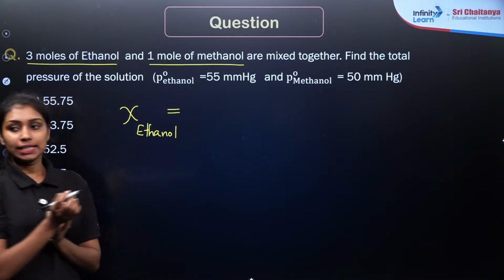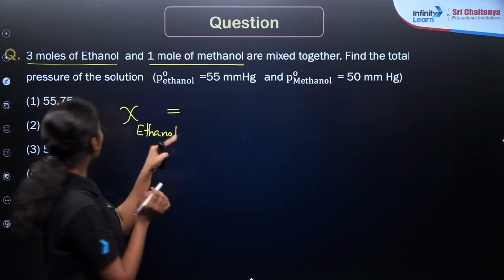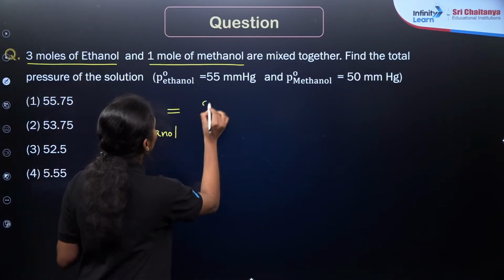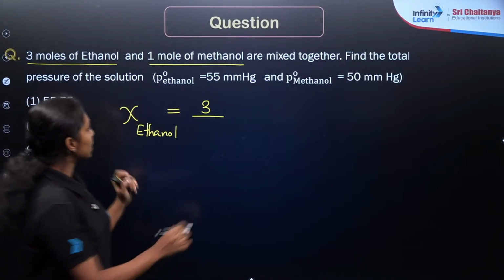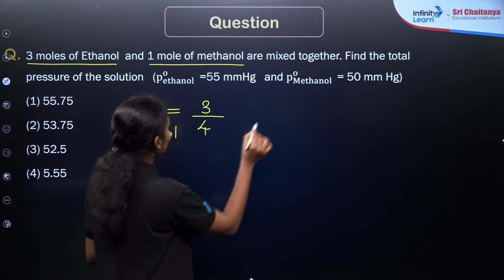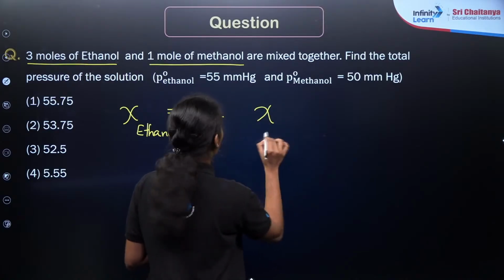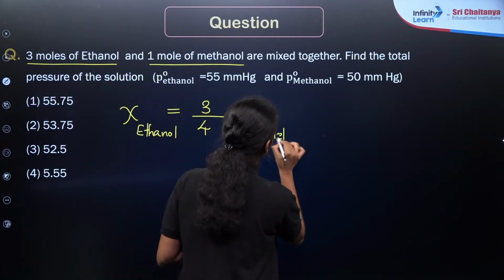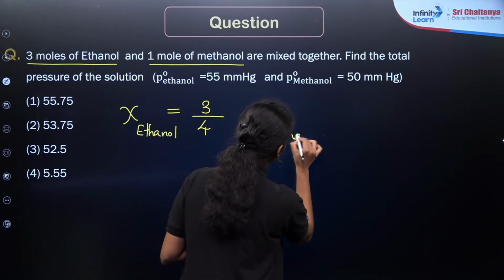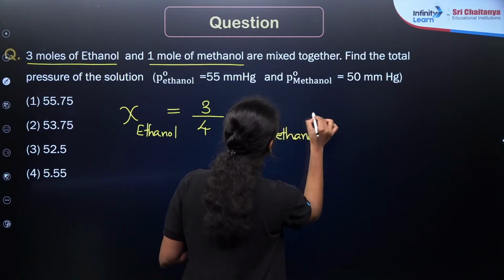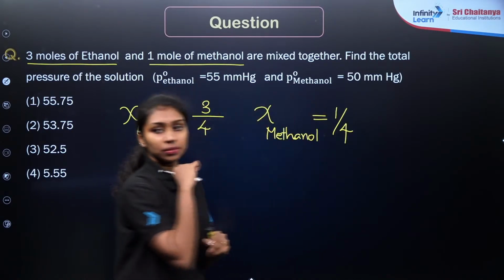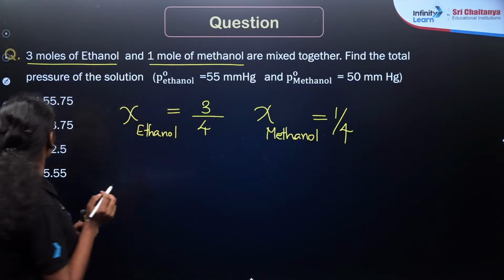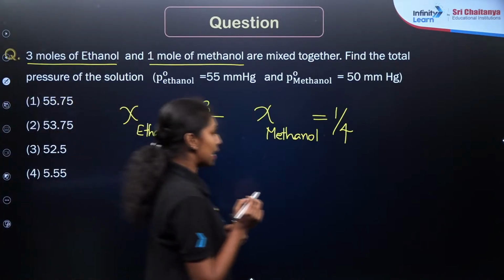How can we find that? Number of moles of ethanol, which is 3, divided by the total number of moles of ethanol plus methanol, that is 3 plus 1, equal to 3 by 4, right? Then what will be the mole fraction for methanol here? Either you can calculate it using the number of moles, or you can take the difference between 1 and 3 by 4. Then it will be equal to 1 by 4. Clear?